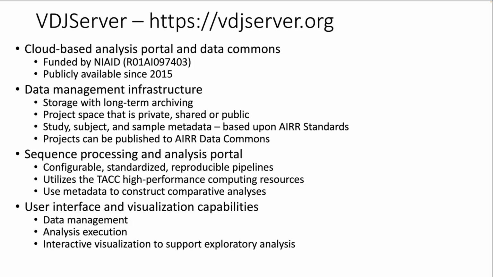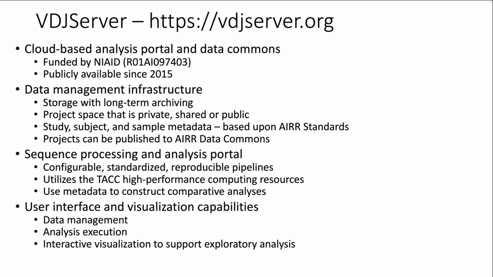That compute is free, so much of our focus is for researchers who maybe don't have a computational cluster available, or even the bioinformatics skill. They can go to VDJServer through a web interface, upload their data, run it through a standard pipeline, and we provide it all for free.